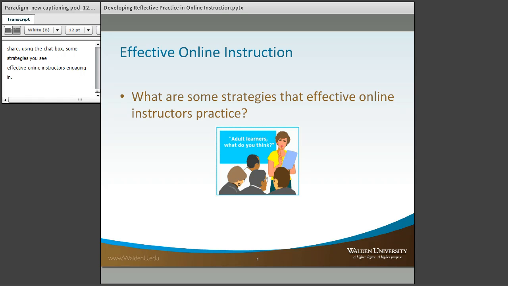And I'm seeing some responses coming in, pointing out strengths. That's absolutely right. One of the things we want to do for our students, and for anybody who is giving us feedback, is to point out effective practices, point out strengths, to, as Michelle says, willingly share knowledge and real-world experience.